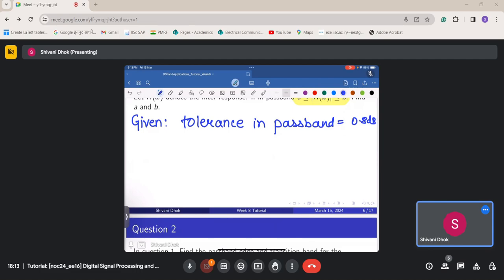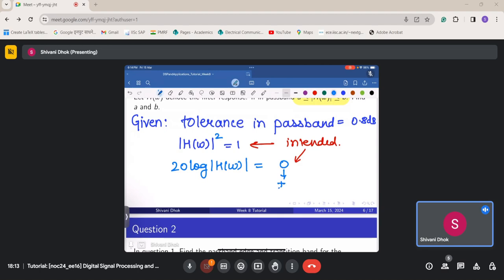Now this is given in dB. Now if we have in passband, what do we intend to have? What we intend to have is the gain in dB scale equal to 0. This is the intended thing. But what we will have is a plus minus deviation of 0.8 dB.